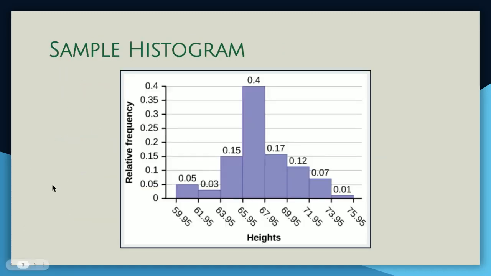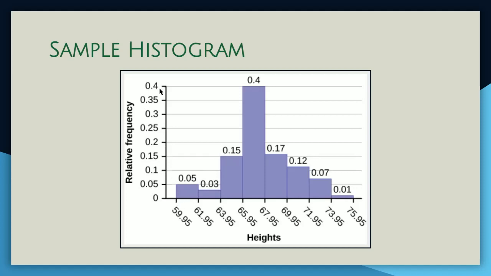So here's a sample of a histogram, and we can see the x and y axes labeled as was stated on the last slide. On the x-axis we have data values, specifically those boundaries from a frequency table. So each bar represents a range of data values.